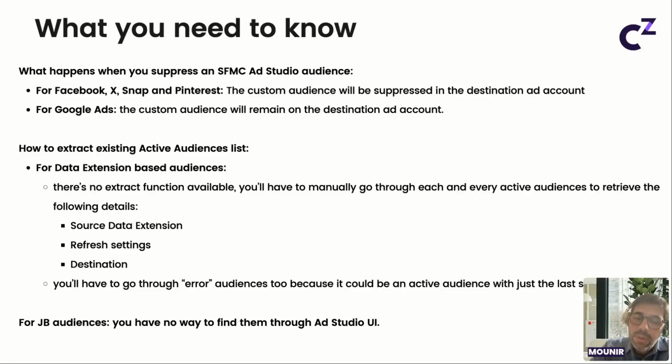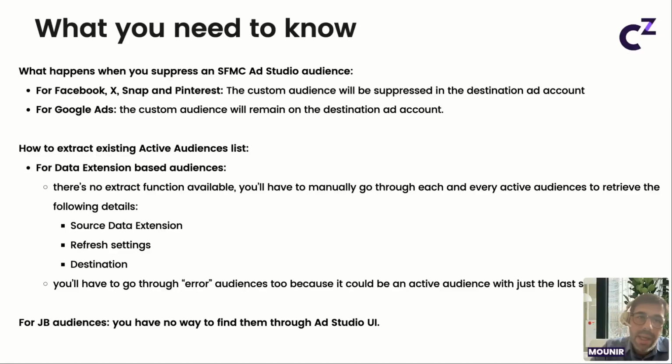When you're going to suppress the advertising audiences from Advertising Studio, what will happen is that the custom audience will be suppressed in the destination account for Facebook, X, Snap, and Pinterest. For Google Ads, and I think also LinkedIn, but I haven't had time to verify this, the custom audience will remain on the destination ad account.